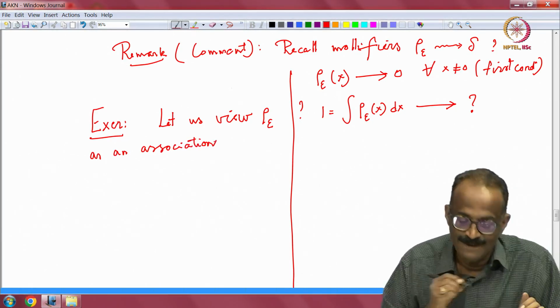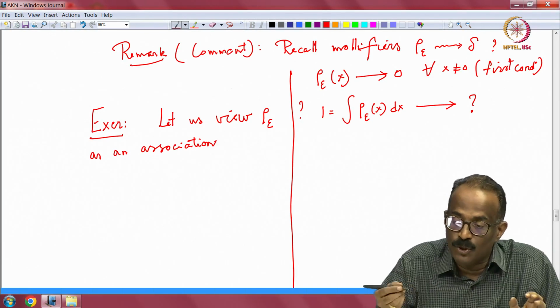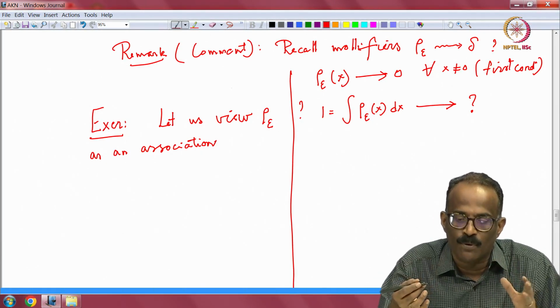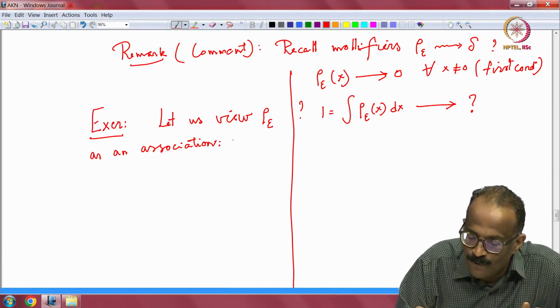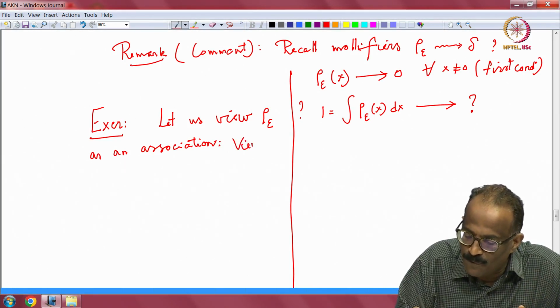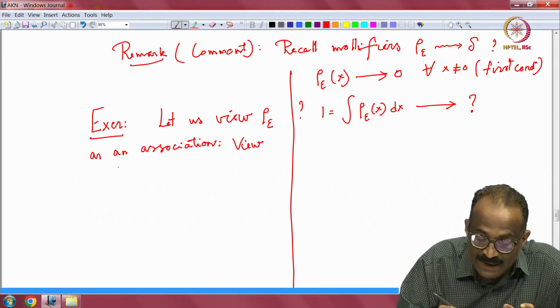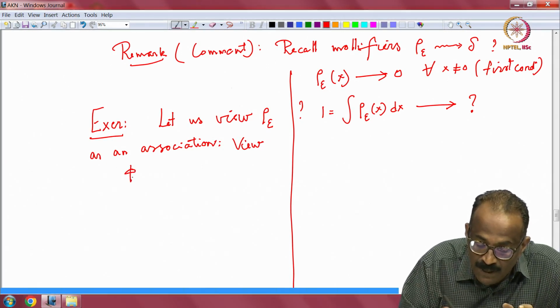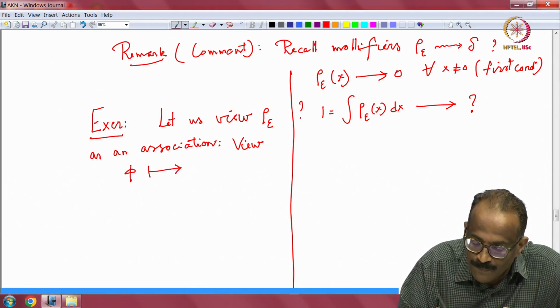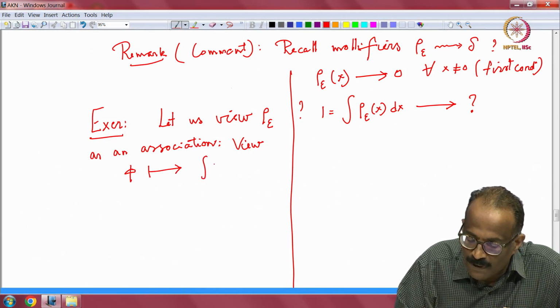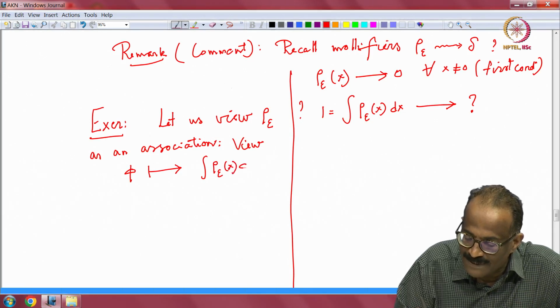What is the meaning? Instead of viewing x going to rho epsilon of x, view rho epsilon as an association, that is phi going to the integral of rho epsilon of x phi of x dx.